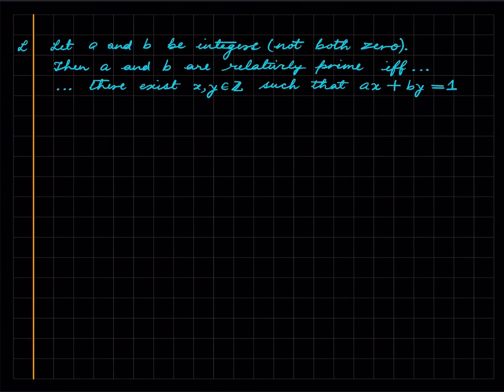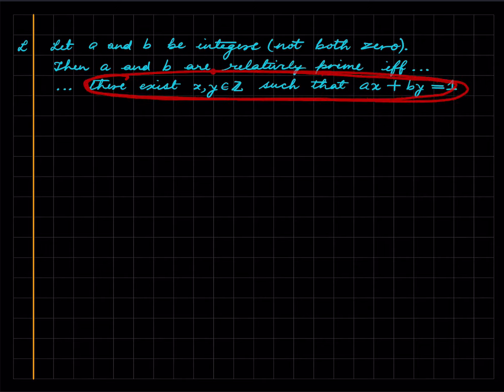Alright, so here is a very simple lemma that I have already given as an exercise before, but let me prove it here. Suppose we have two integers, again not both 0. Then those two integers are relatively prime if and only if there exist two integers such that the corresponding linear combination is 1.